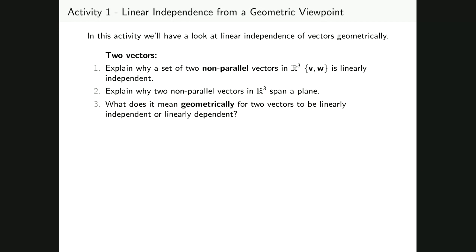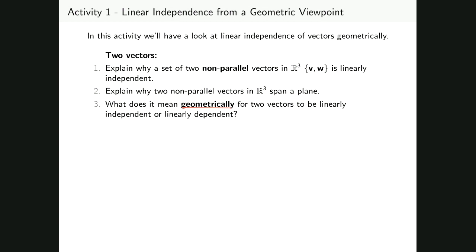What does it mean geometrically for two vectors to be linearly dependent or independent? Right, so we want to get a handle on what this condition means geometrically.